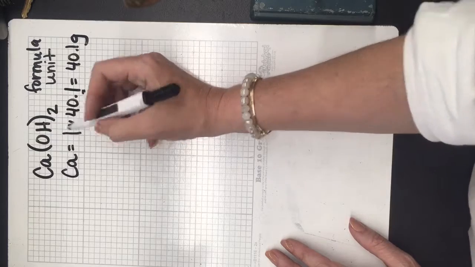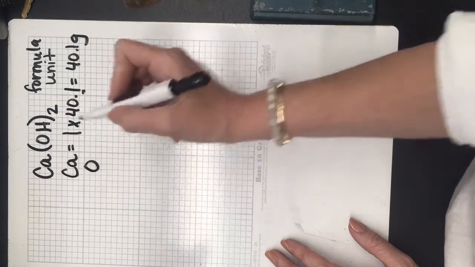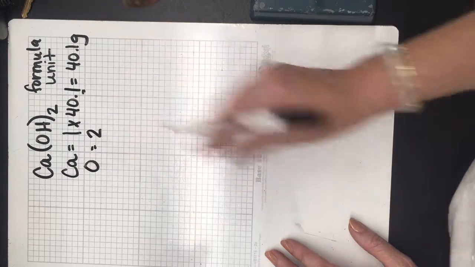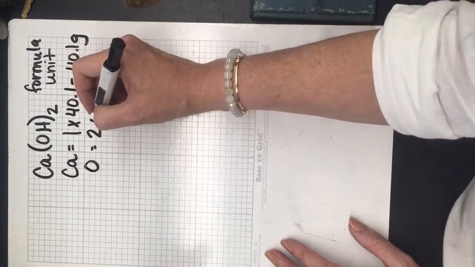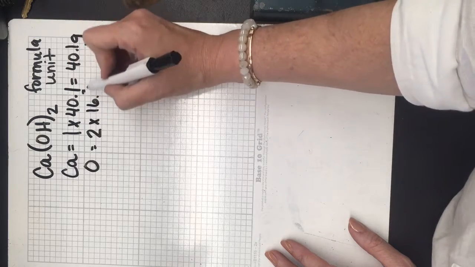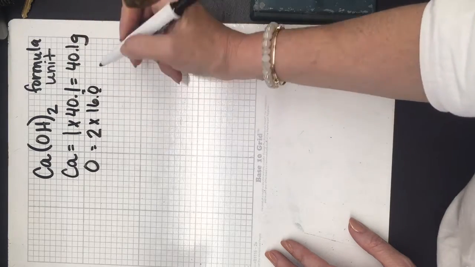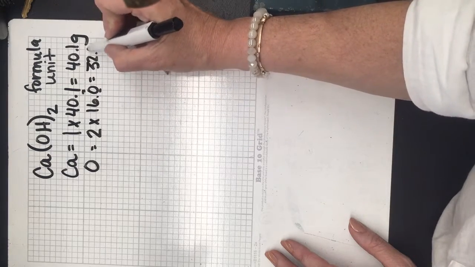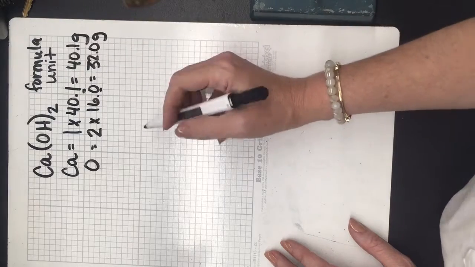Now, if we look back at our formula, we see that this formula unit of calcium hydroxide also has 2 atoms of oxygen. Okay, we have to multiply that by the number from the periodic table, 16.0, when we round to the 10th place. So 2 times 16 is 32.0 grams in the oxygen.